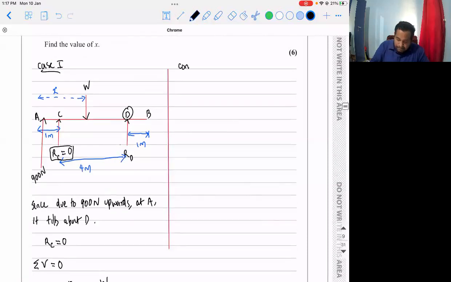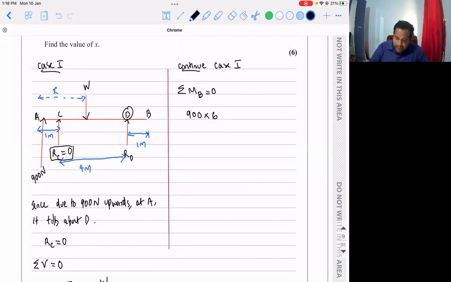Continue case 1. Then we will take total moment about any point as 0. For instance, here I'm taking total moment about B is equal to 0. This is another equilibrium condition, right? 900 times the perpendicular distance, the total distance is 6. 900 times 6, it is a clockwise moment.